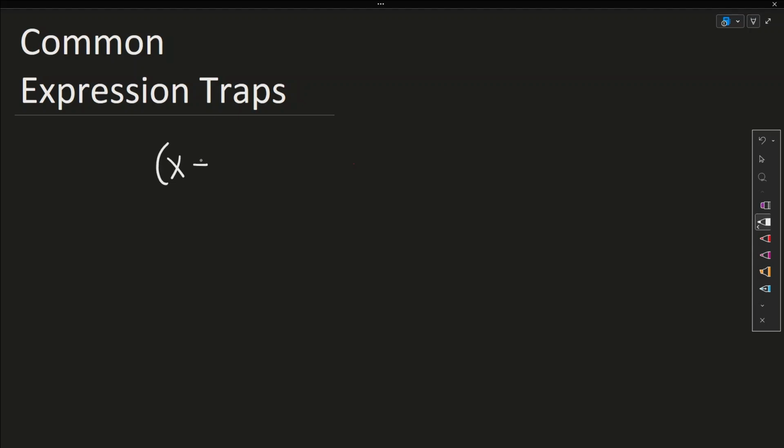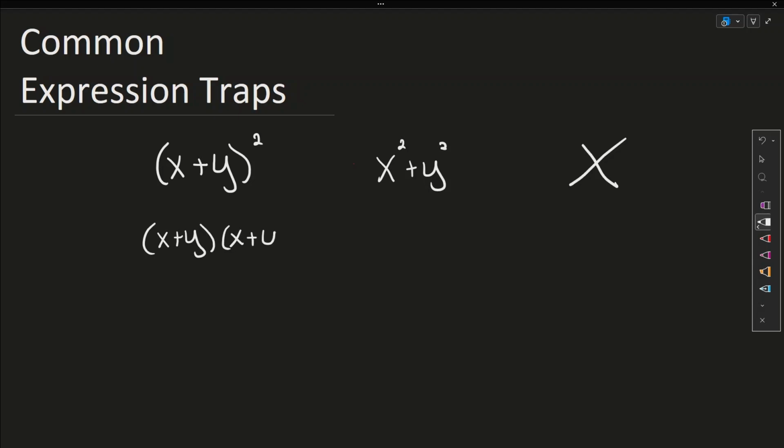Now let's consider (x plus y) squared and x squared plus y squared. These are not equivalent. A common mistake is to square each term and forget the middle term. But (x plus y) squared is actually (x plus y) times (x plus y).